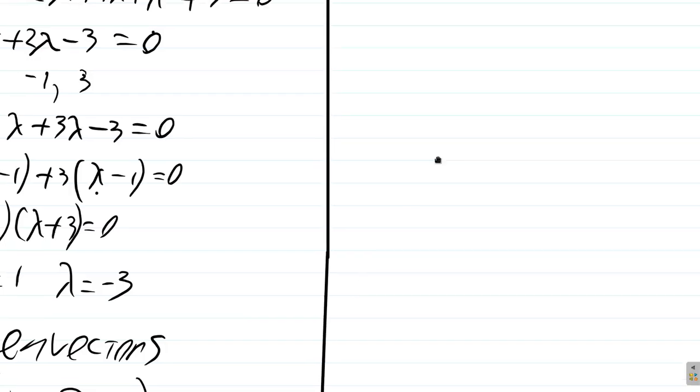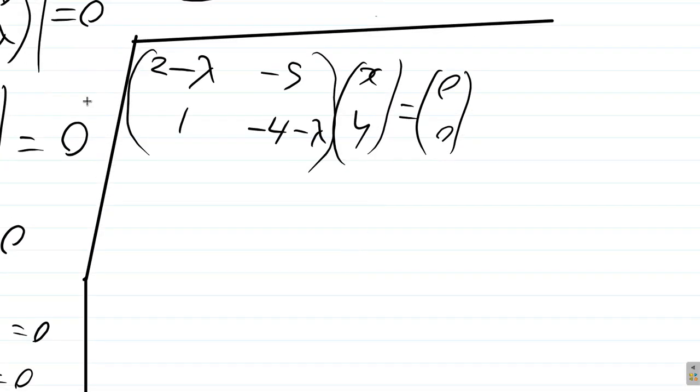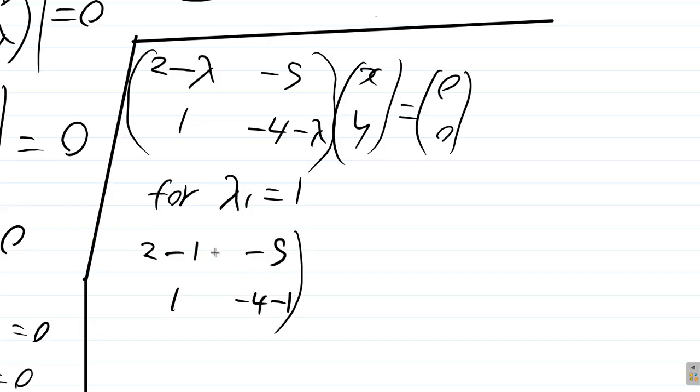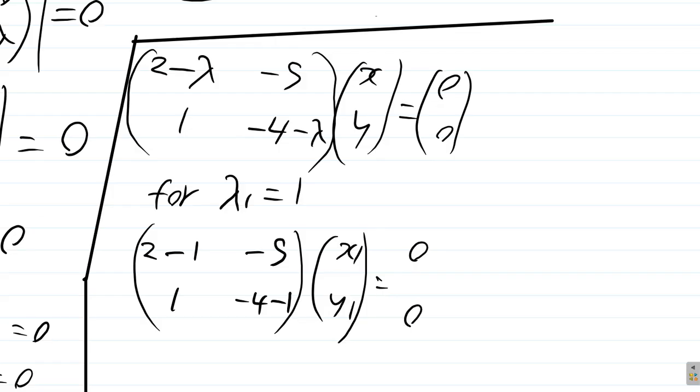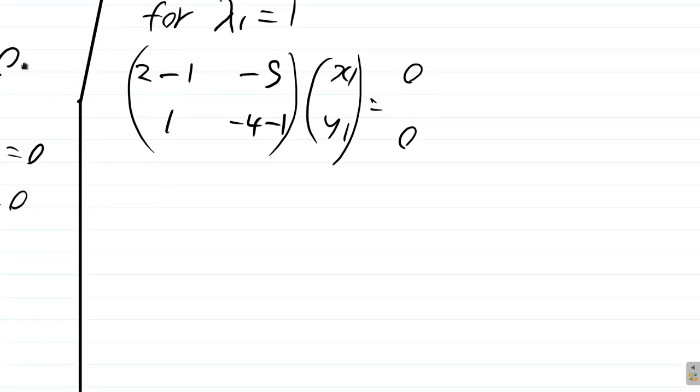For lambda equals 1, let's call it lambda 1 equals 1. You have 2 minus 1, negative 5, 1, negative 4 minus 1. Alright? Times x1, y1. We want to find out what those are. Equals 0, 0. Let's multiply now. Simplify and multiply. 2 minus 1 is 1. Negative 5, 1.